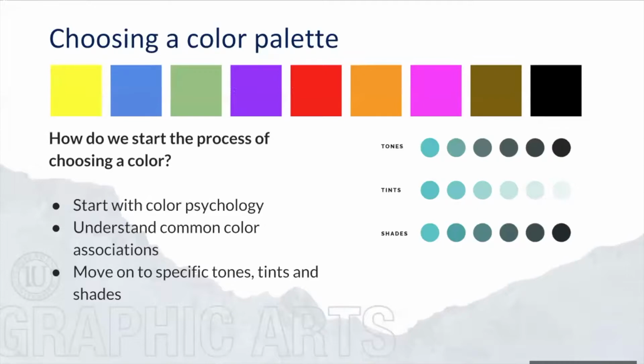Next, we have purple. Purple is closely associated with royalty, nobility, luxury, extravagance. It's a very rare color in nature, and many relate it to creativity and mystery. But it's also said to stir up feelings of nostalgia. So some common associations with purple might include fantasy, mystery, nobility, royalty, and sophistication.